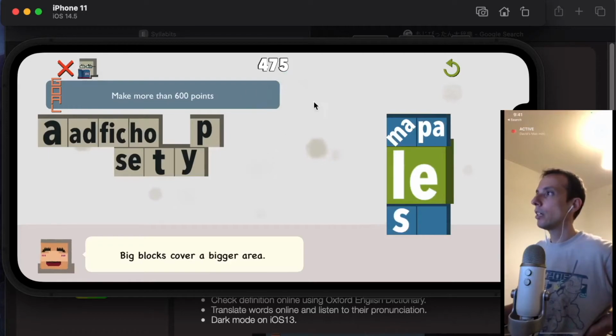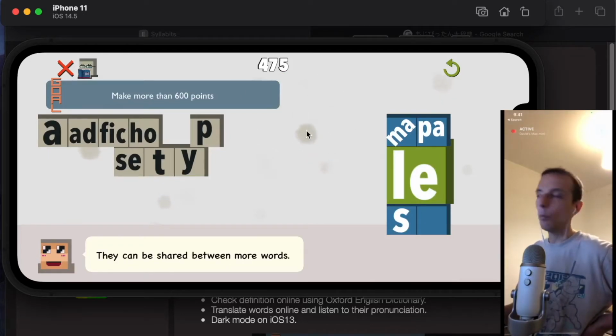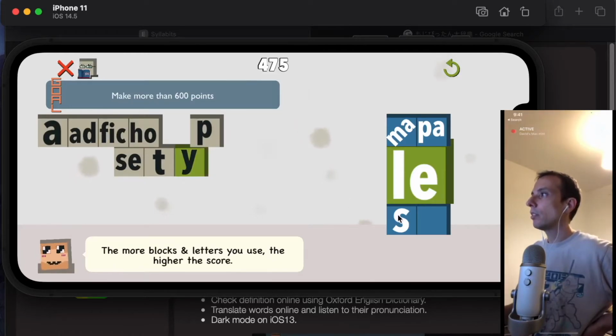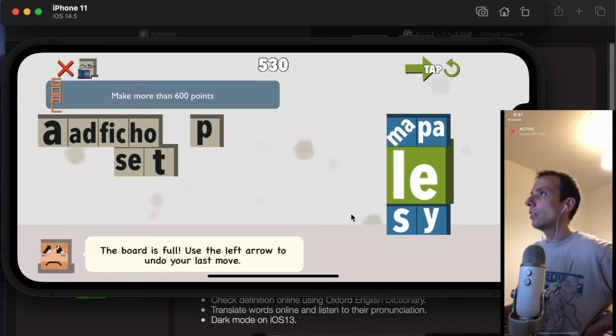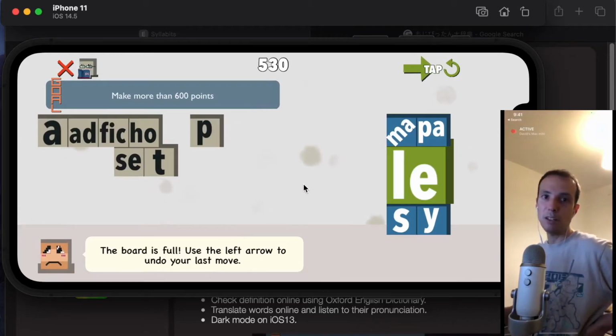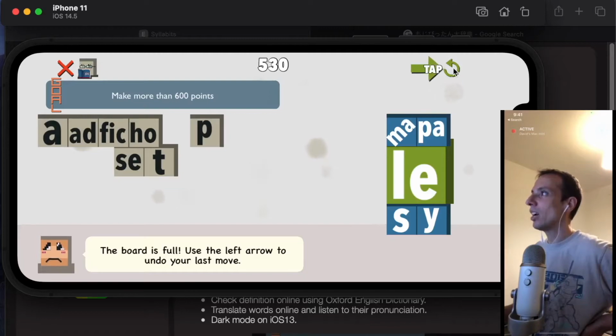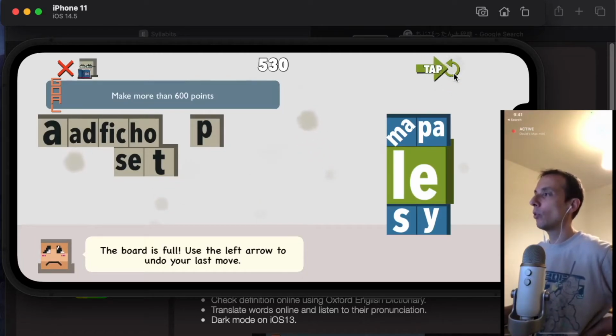So when you see the ×2, it means you got double points, right? And then what? I don't know. Lay. Right. So now the board is full, and I didn't clear the stage. So you can tap here to go back one step or as many steps as you want.